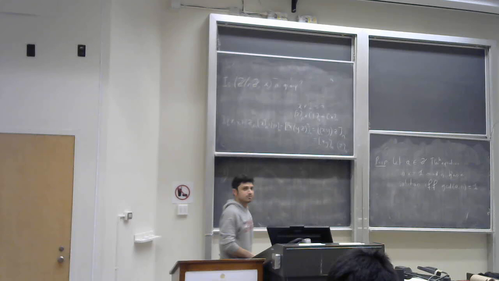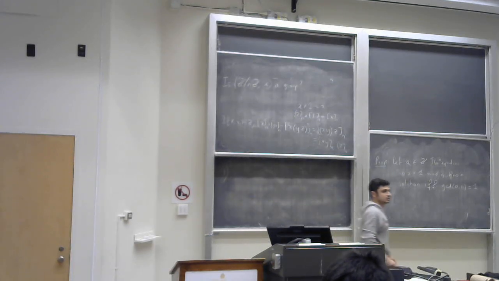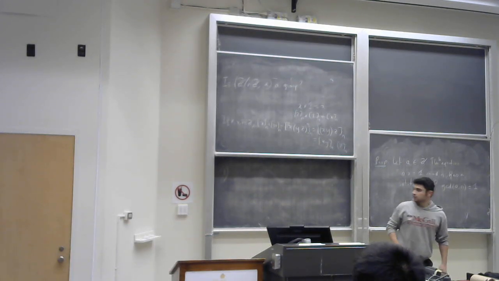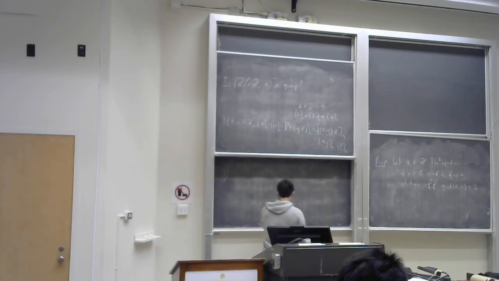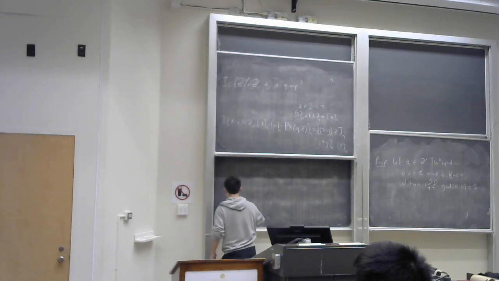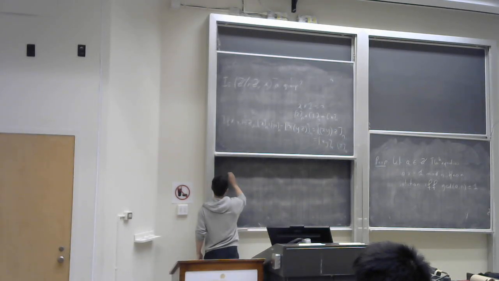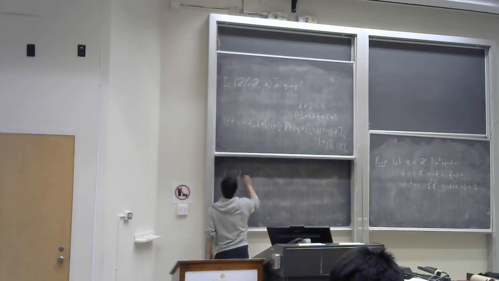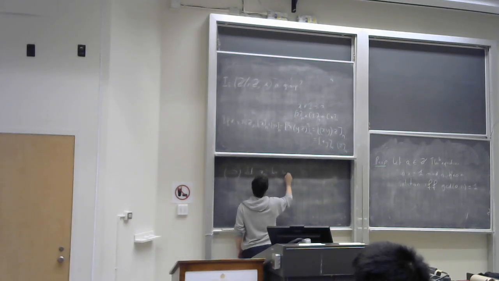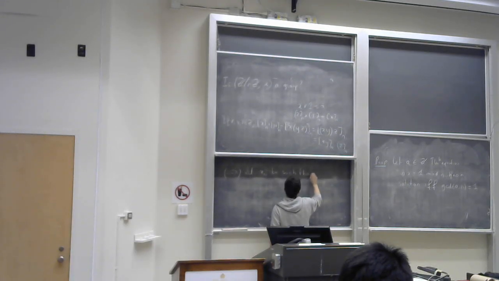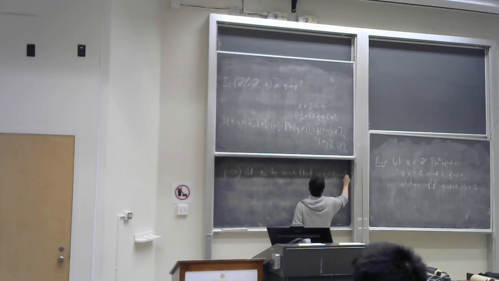Should I do it in one step or in 2 steps? What do you prefer? One. Let's try to do it in one. Okay, let's do it in 2 steps. You can do it in 1 step, but this way. So let's do this. Let x0 be such that ax0 is congruent to 1 mod n.